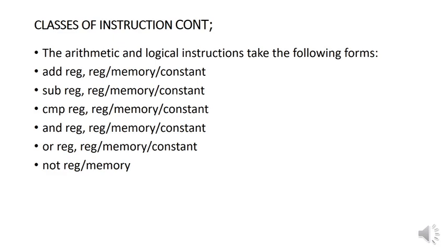The control transfer instruction interrupts the sequential execution of instructions in memory and transfers the control to some other point in memory, either unconditionally or after testing the result of the previous CMP instruction. These instructions include the following.